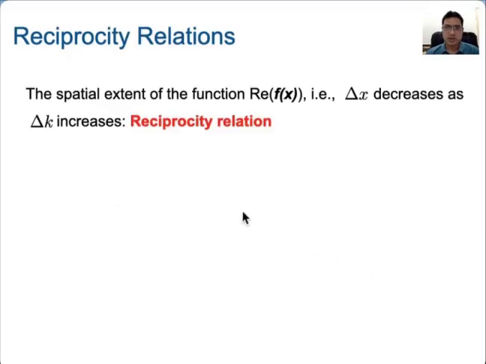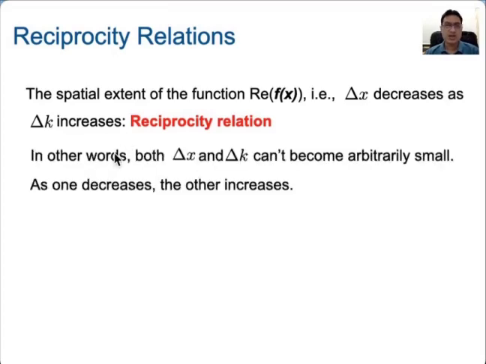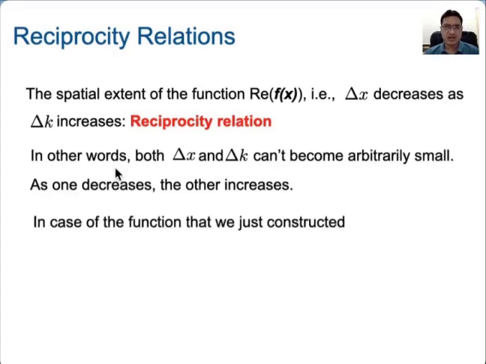The spatial extent of the real part of f of x, that is delta x, decreases as delta k increases, and this is known as a reciprocity relation. In other words, delta k and delta x cannot both become arbitrarily small. As one decreases, the other increases.